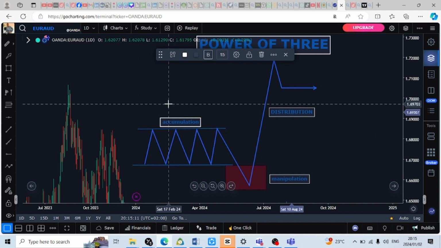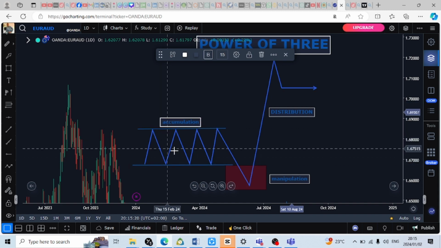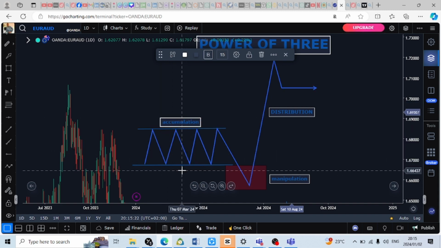And if you try to go back to our previous discussion where we talked about raid on liquidity, we said that when this range is taking place, in most cases, there will be liquidity residing below this level.